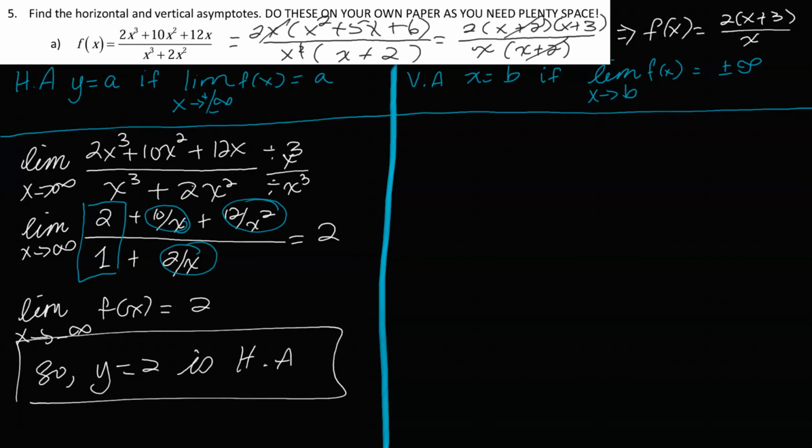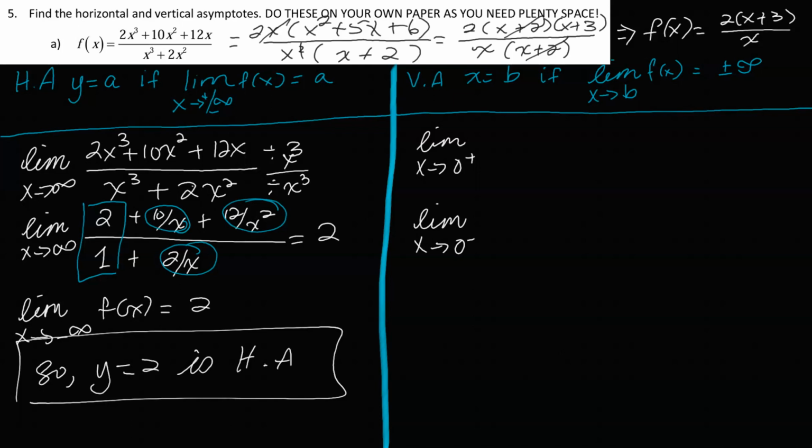So when x is approaching 0, that's what we're looking at. Limit as x goes to 0 from the right, and then we need to look at limit as x goes to 0 from the left.